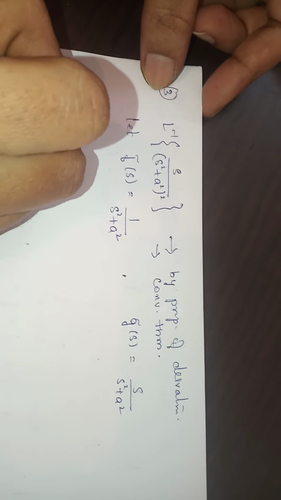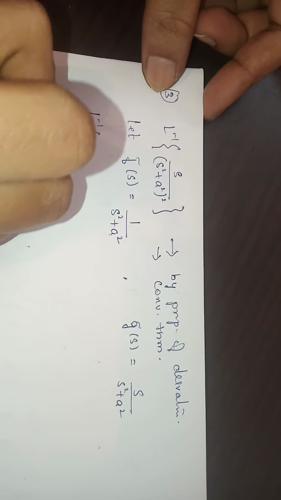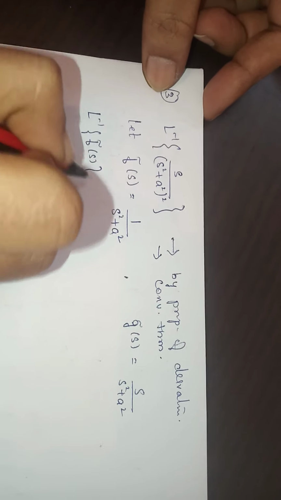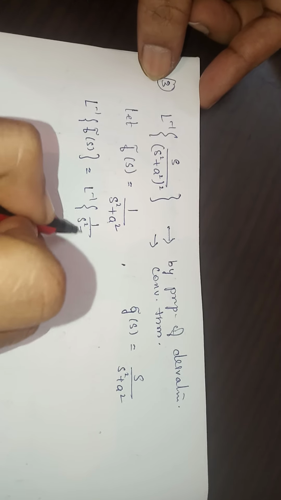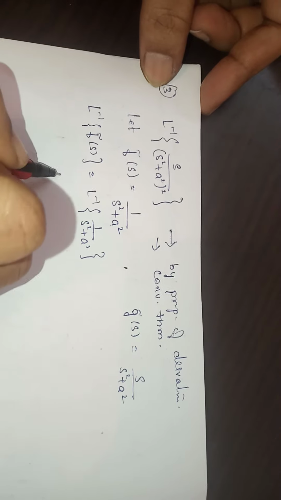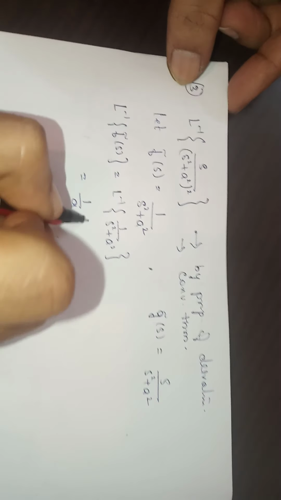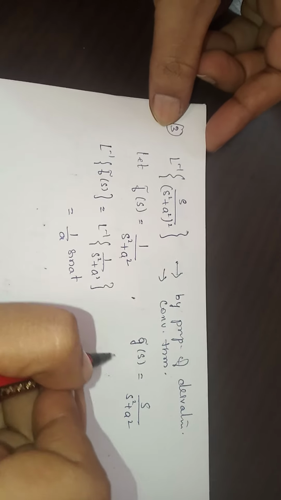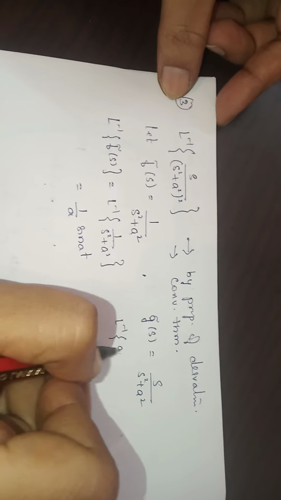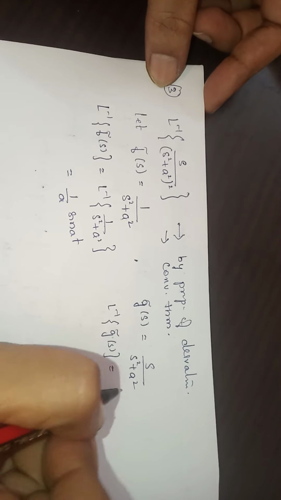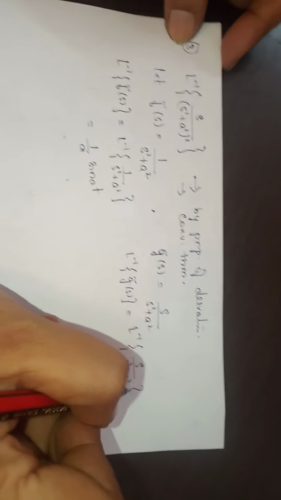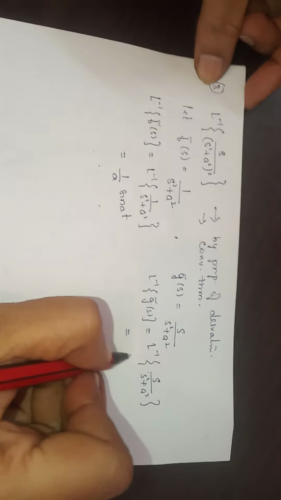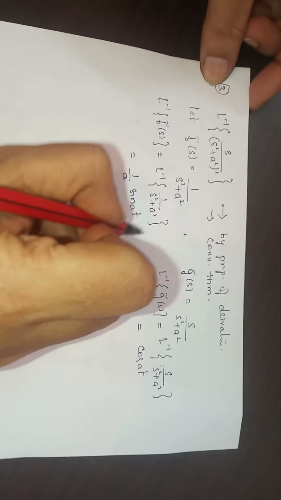Now your Laplace inverse of f bar of s, Laplace inverse of 1 by s square plus a square, this is nothing but directly 1 by a sine at. And Laplace inverse of g bar of s, Laplace inverse of s by s square plus a square, that is nothing but cos at.